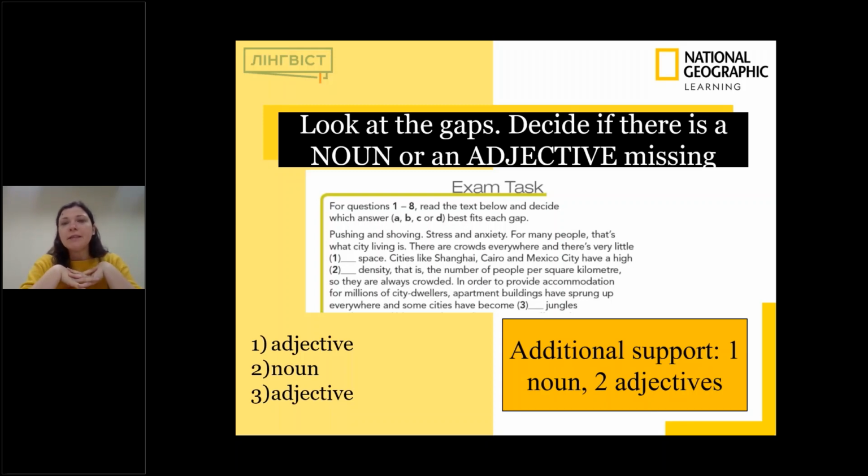By doing activities like that, like general idea, putting different parts of speech, making guesses, maybe, we develop this skill in our students. We help them to get used that these exercises are not very quick exercises.